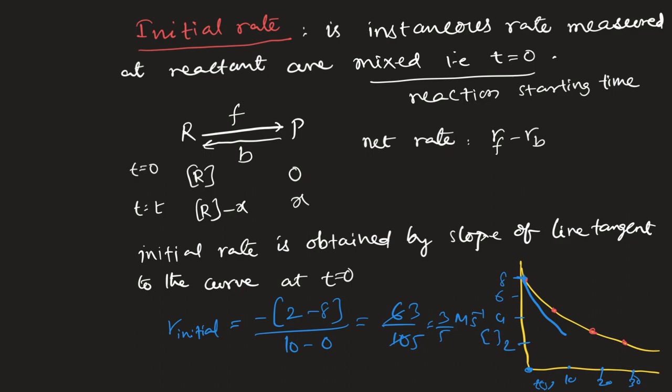Here the product is not formed. In case we draw this one for the product, according to that, this will be the reactant, this will be the product. Then what will happen? We have to draw the tangent at this point on the graph.